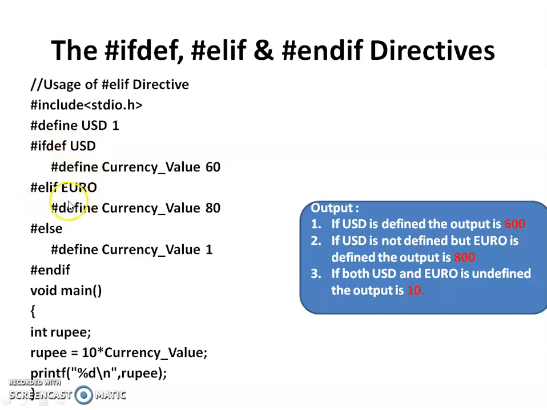Euro is 1, it is true, and it is going to substitute this currency value as 80, and this 80 will be placed inside the currency value here. So 80 into 10 is going to be placed inside the rupee. So therefore, if USD is not defined, but euro is defined, then the output is 800. So that's the meaning of it.